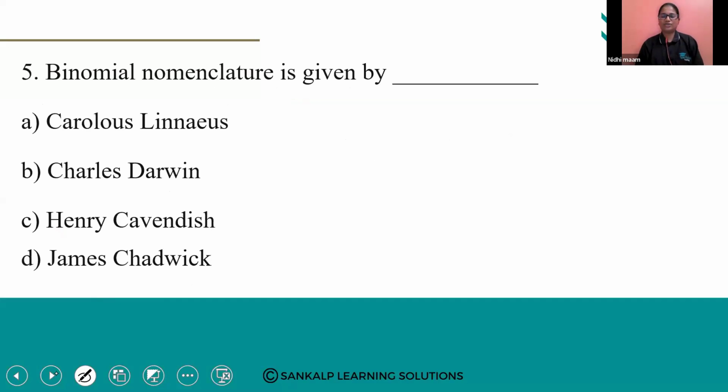Binomial nomenclature is given by option A, Carolus Linnaeus; B, Charles Darwin; C, Henry Cavendish; D, James Chadwick. Binomial nomenclature is given by, yes, YouTube students. Vaividya answered it. Fine.